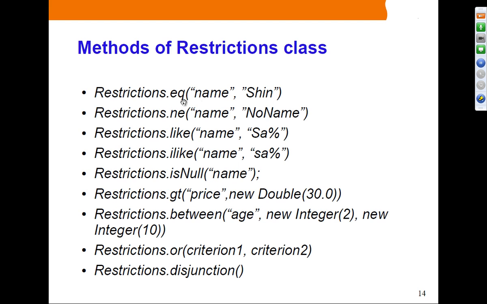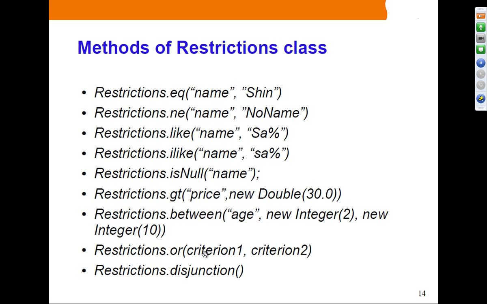So Restrictions.eq: I'd like to get the entries whose name is Shin. Not equal, like this is a pattern. Name is null, and greater than: price is greater than 30.0, age is greater than 2, and between: age is between 2 and 10 inclusive.